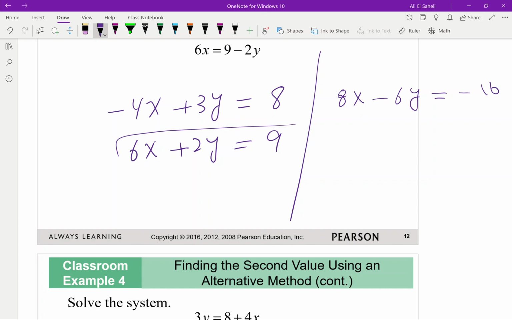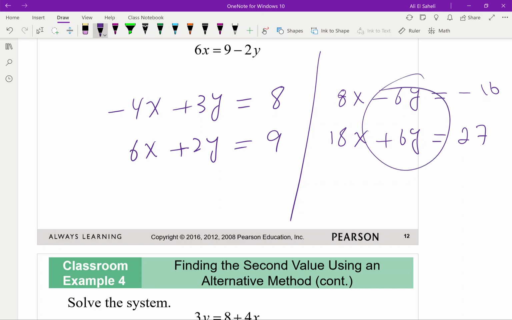Multiply equation 2 by 3 because this is 3. So 3 times 6, 18x. 3 times 2, 6y equals 3 times 9. As you can see, now these will cancel out. So the y is eliminated.